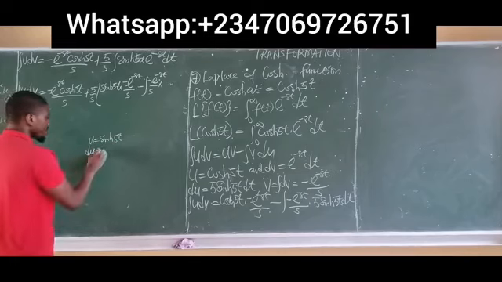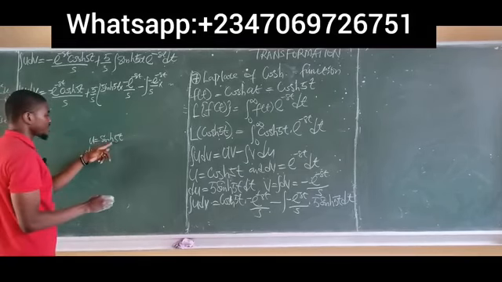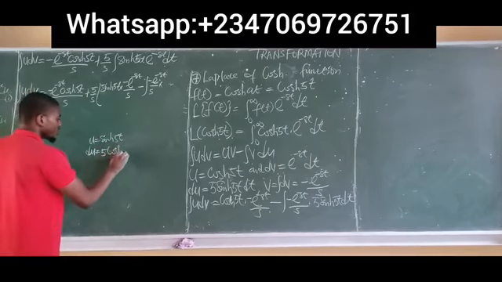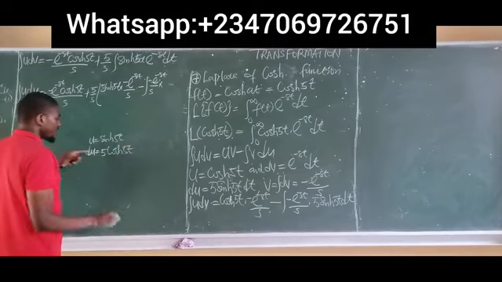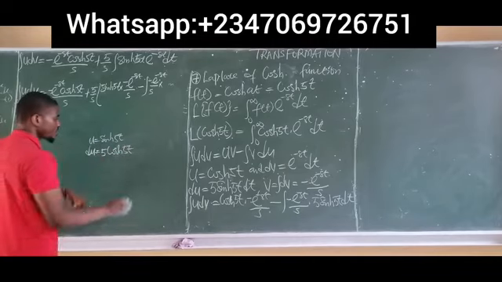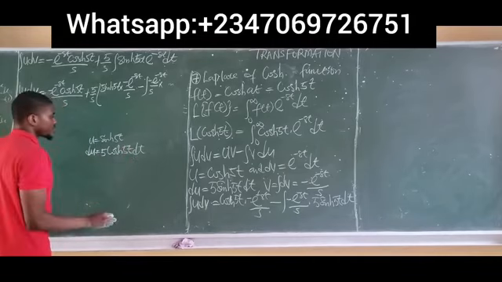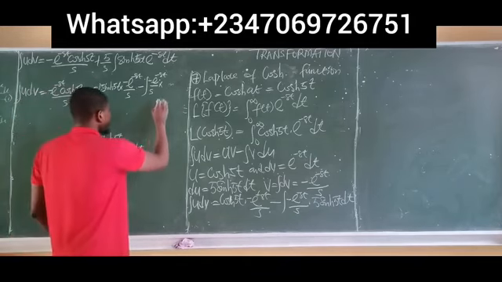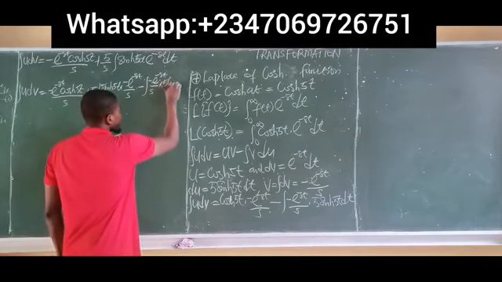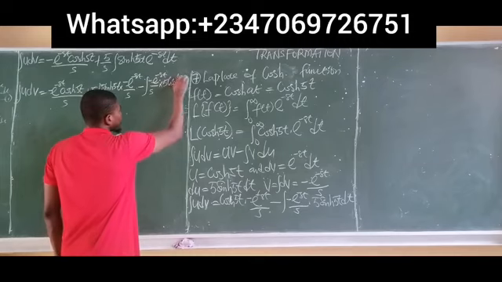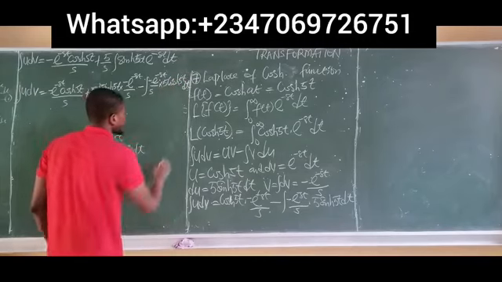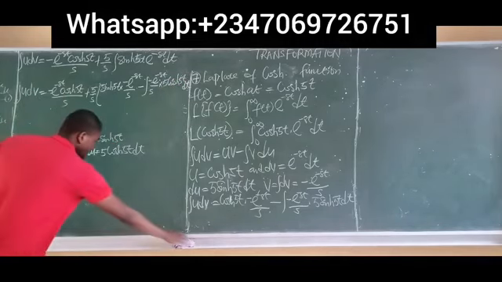If I differentiate 5t, I will simply have 5. Differentiate sine, I'm going to have cos. Then put back your angle 5t. Now, since I differentiated with respect to t, you simply multiply by the dt. So this will give us 5 cos 5t times the dt. All right, so we have this.